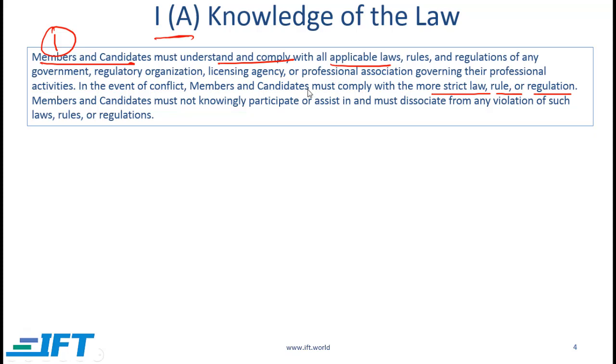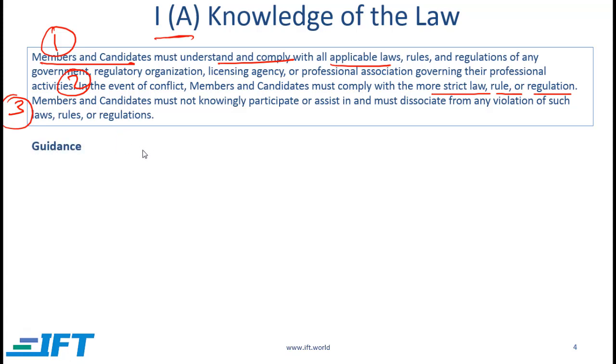The second point is that if there is a conflict between the law and what is stated in the code and standards, then you must follow the more strict interpretation. That's this point over here. And then the third is that you must not knowingly participate or assist in, and you must disassociate from any violation of such laws, rules, or regulations.